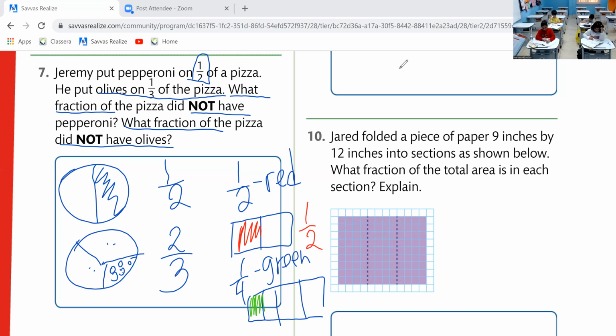How many parts are not green? 3 out of 4 are not green. Look how many parts you have. How can you say 3 out of 2? Do you have 2? You have 1, 2, 3, 4. Ready with this?